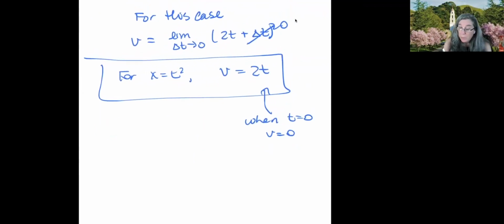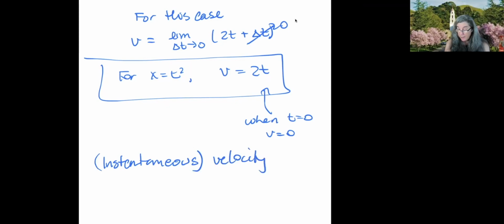I should write the derivative though for you. So from now on, we're going to drop this instantaneous word. Velocity, another way to write this, still the symbol v, the way to write the derivative is dx over dt.